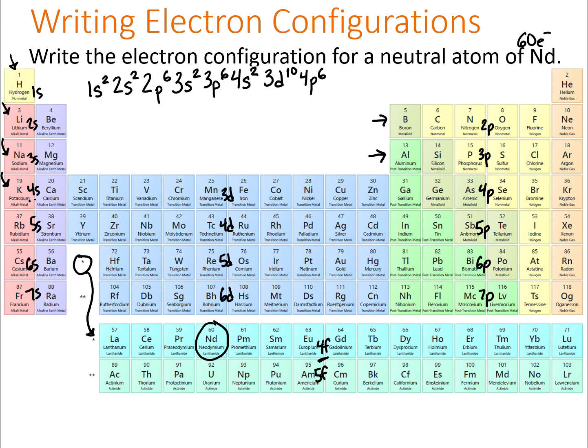So I literally just read off each of these in order from left to right. N equals 5 is the same thing. 5s, 2 electrons. 4d, 10 electrons. 5p, 6 electrons.